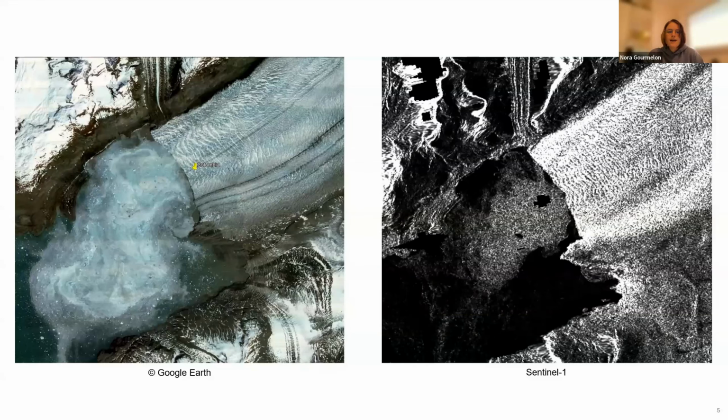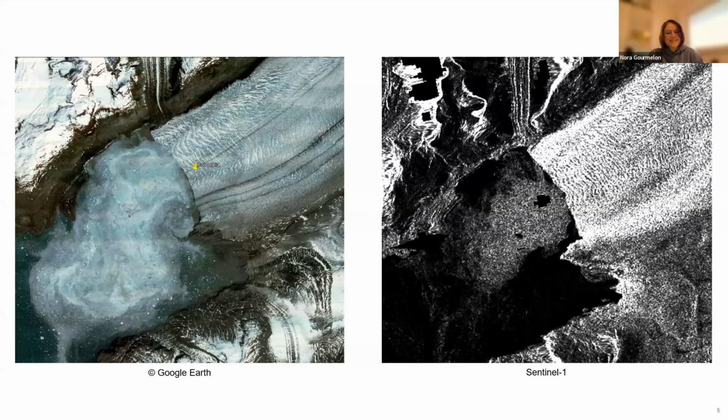And we can see this calving front position nicely in satellite images. So on the left side, you can see a Google Earth image. So it's just an optical satellite image where it's easy to see this calving front here. However, these optical images only work during good light conditions and good weather conditions.